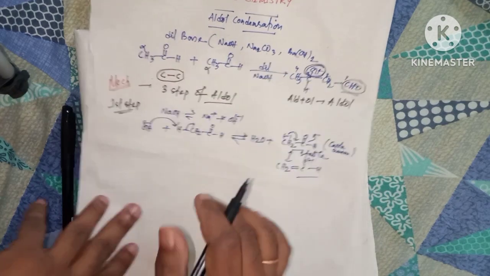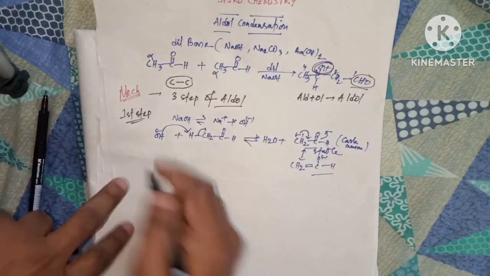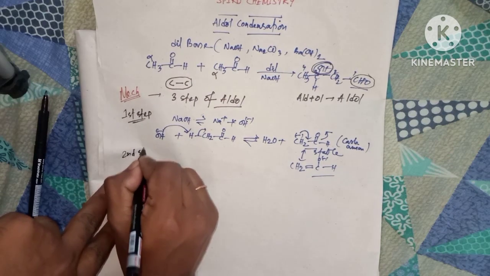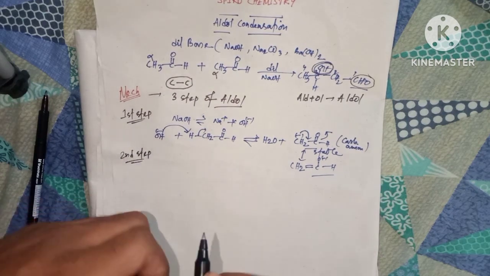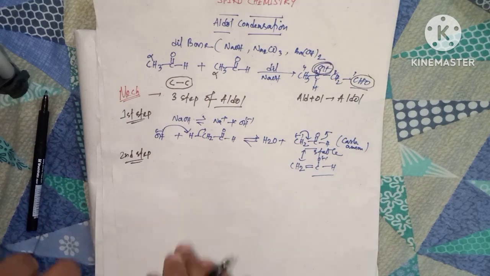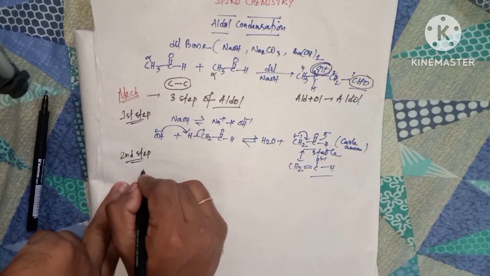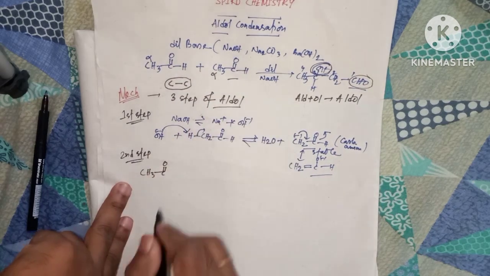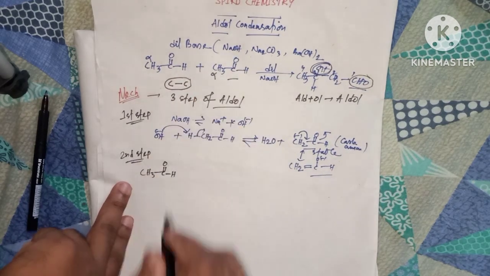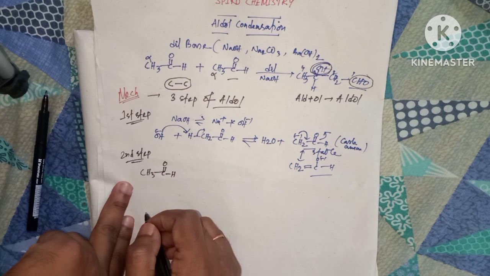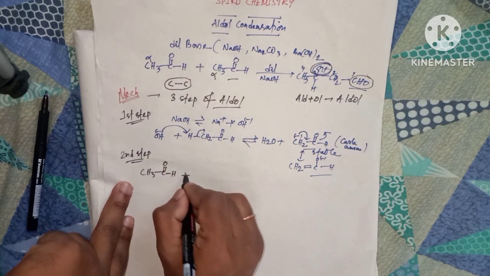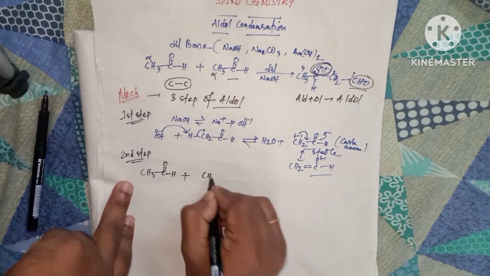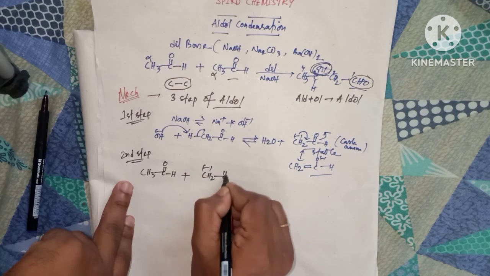And at the second step, we can see another aldehyde group, suppose CH3CHO, and this is CH2 minus CHO.